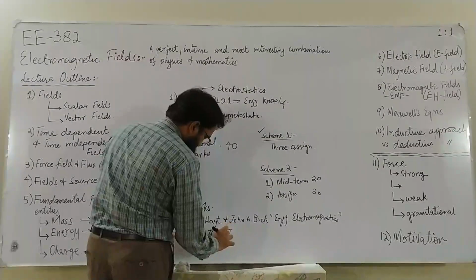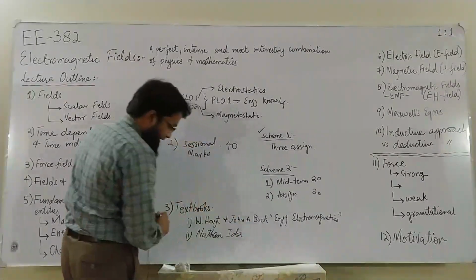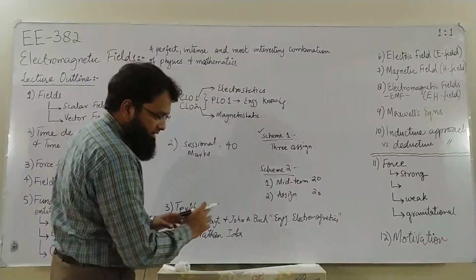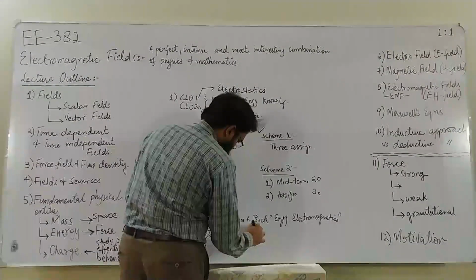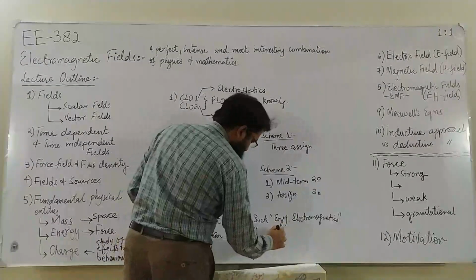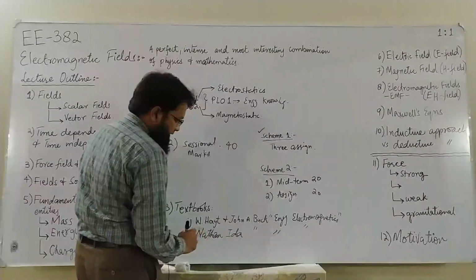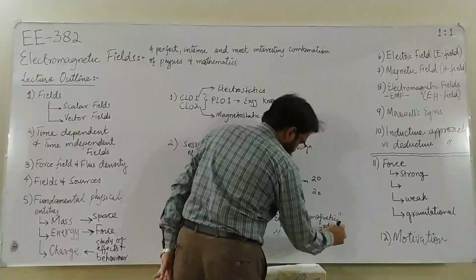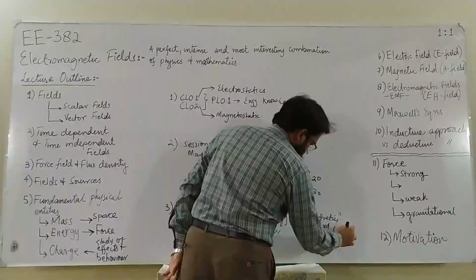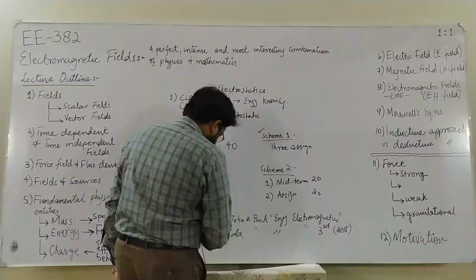The style of writing of this book is actually the textbook style. The title is the same, Engineering Electromagnetics, and a recent edition is the 3rd one, which was published in 2015.